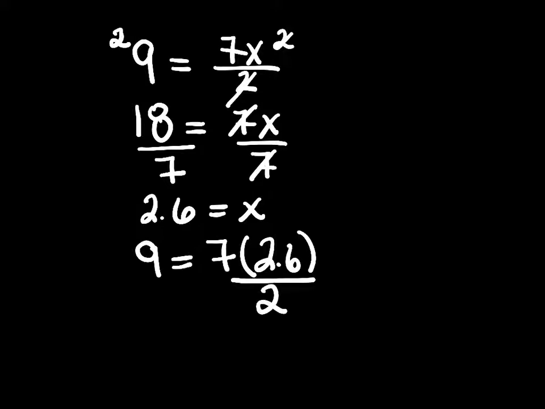If you put that into your calculator, 2.6 times 7 is 18.2, divided by 2 gives you 9.1. Now that's not exact, but keep in mind that we rounded. Had we left a few more significant figures in there, we would have gotten much closer to our original answer. So yes, that is correct. Okay, let's try another one.